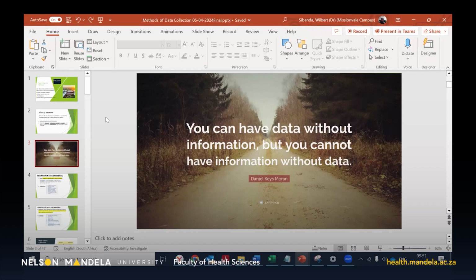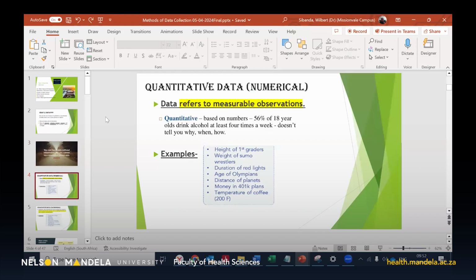Information is a higher level entity. So you can have data without information, but you cannot have information without data. Information can only be obtained from data. Think about that.